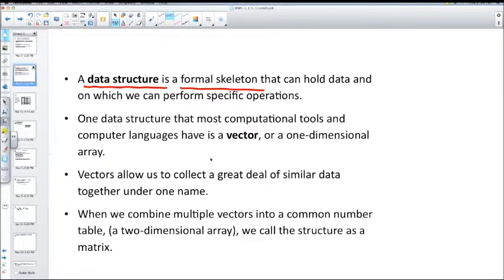Today we're going to see the 2 most frequently used data structures. One is vector, a one-dimensional array in computer science language. Another concept is matrix, which is a 2-dimensional array. Those structures have a huge advantage: they save you the trouble of naming all the different variables in real-world applications. Let's look at an example.